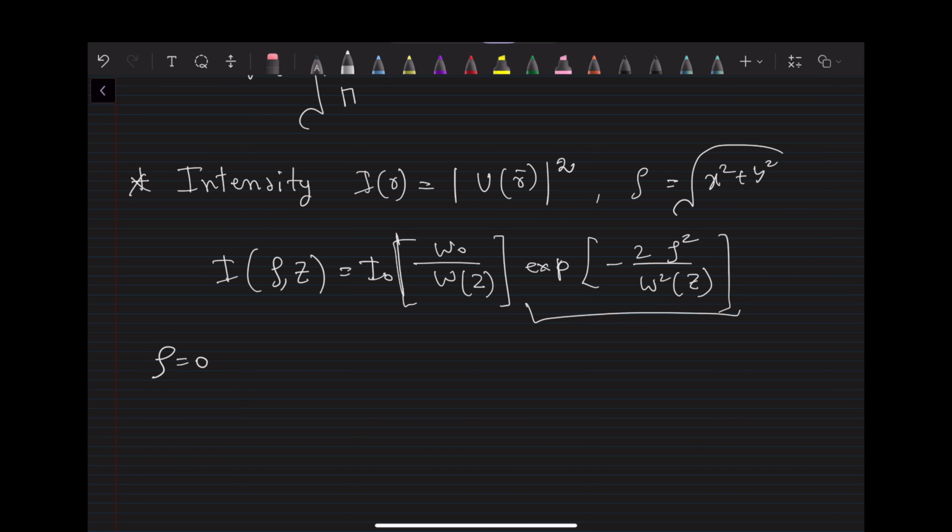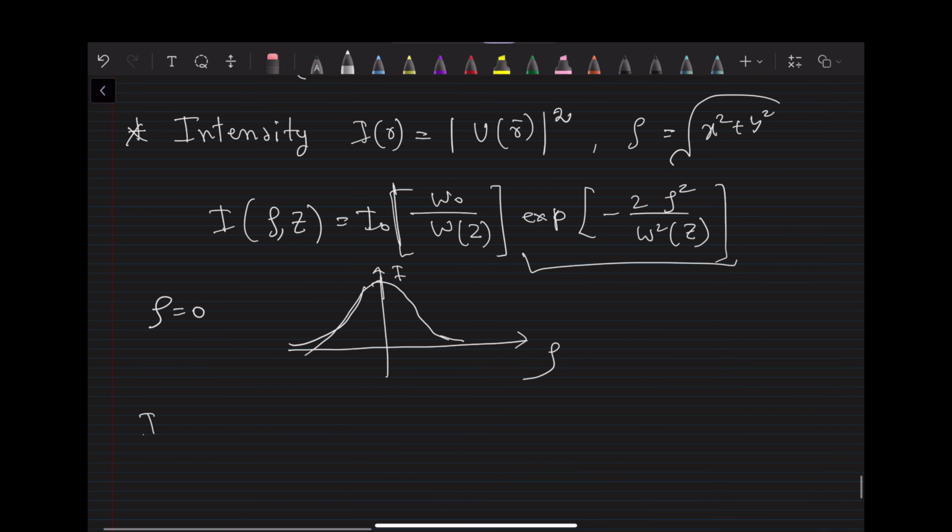And how does the Gaussian beam look? Suppose our z is fixed and you are looking at some rho. It has a Gaussian type function, that's the intensity. So it has a Gaussian shape, and that's why it's a Gaussian beam. And as I was saying, we want to know how it is on the axis. On the axis we have this expression.